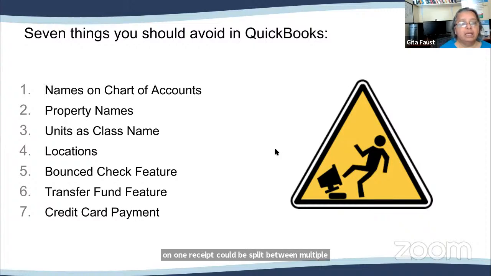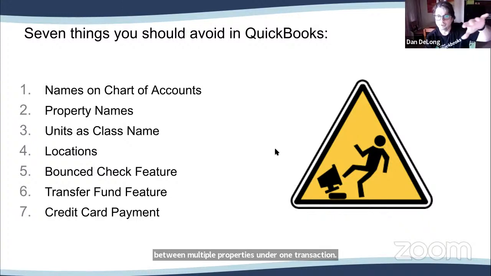Only using the class feature can you split those line items, that is the purchases, between multiple properties under one transaction. So you'd use properties as classes, not the units in the properties as classes.